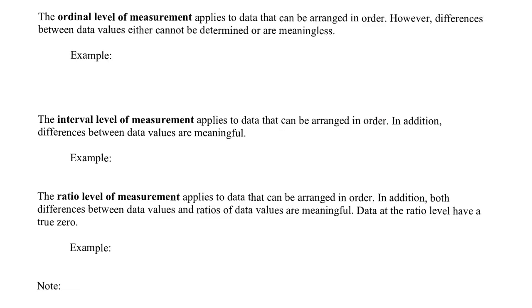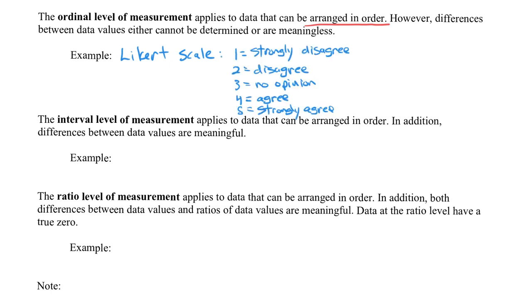Ordinal, the ordinal level of measurement applies to data that can be arranged in order. So we can put things in order. However, differences between data values either cannot be determined or are meaningless. So an example here that we see a lot is something called the Likert scale. And these are pretty common. So a Likert scale could be something like 1 equals strongly disagree, 2 equals disagree, and so forth.